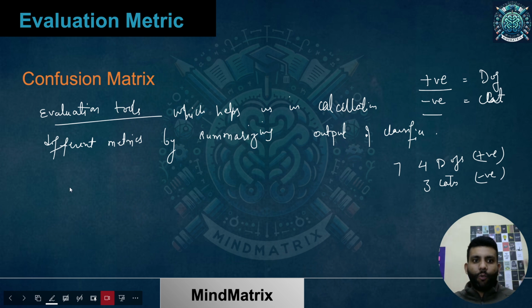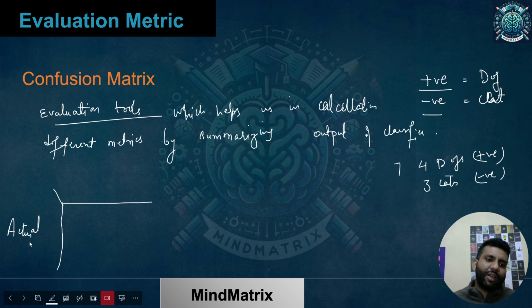So let's see how we create the confusion matrix. For that you have to understand what I'm writing. Different people write it in a different way. Actual class, predicted class, because it's a matrix, so definitely there will be some rows and columns. Predicted class.